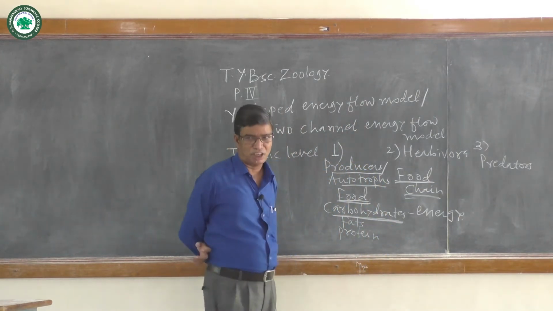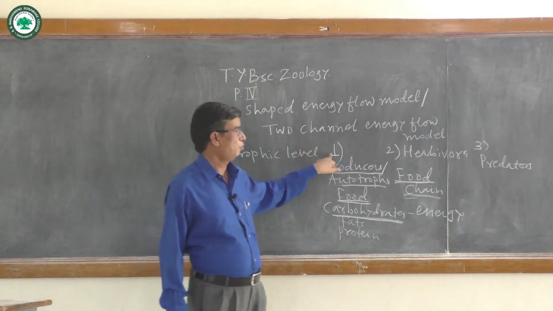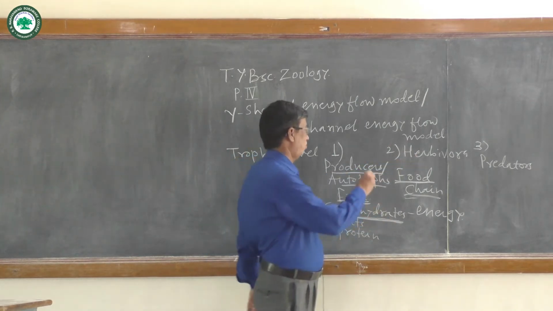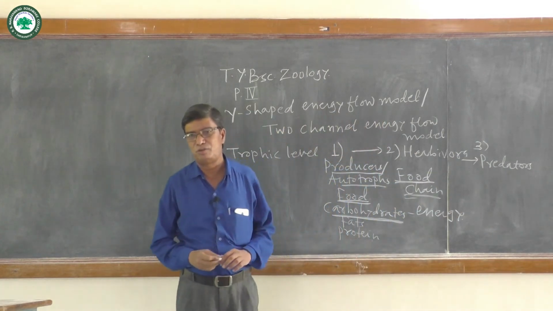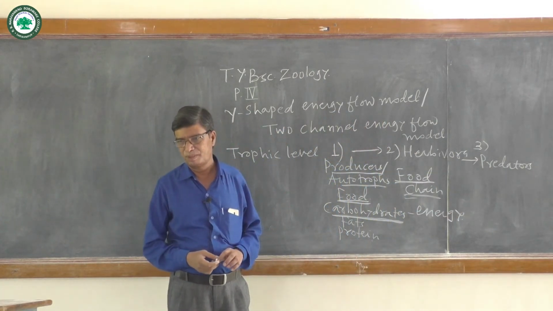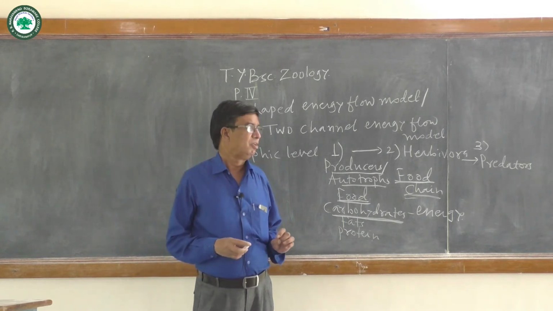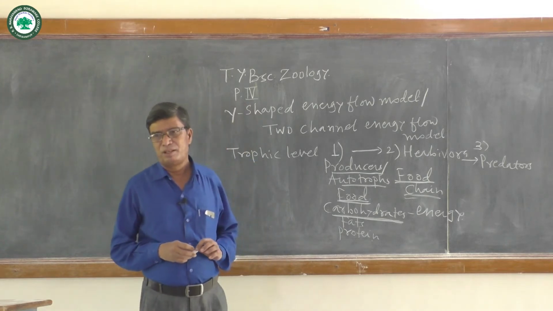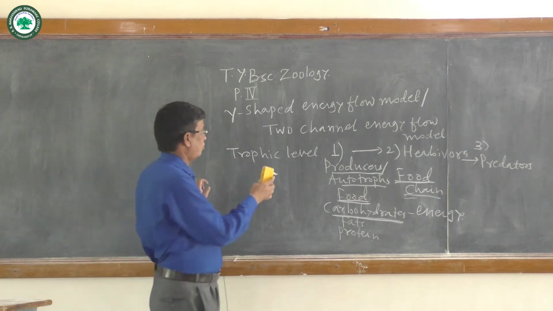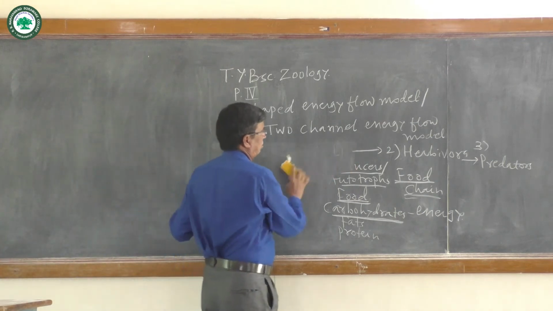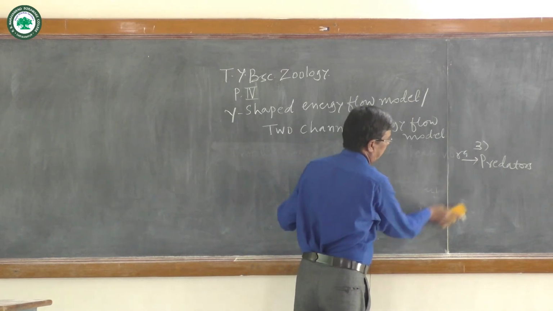That is, energy is transferred from one trophic level to another trophic level. And that transfer of energy is shown by different models. For example, the Y-shaped energy flow model.